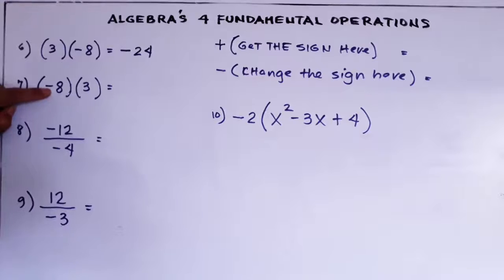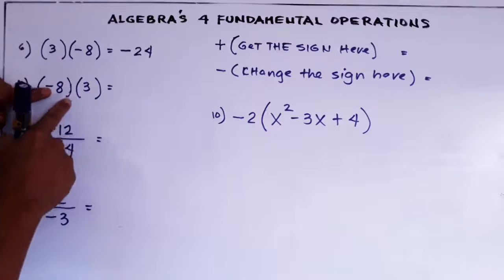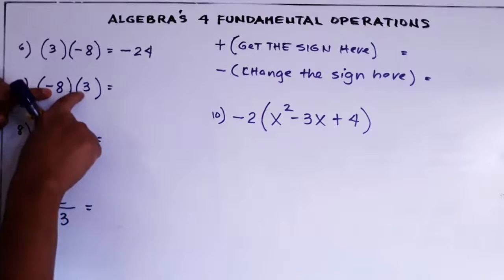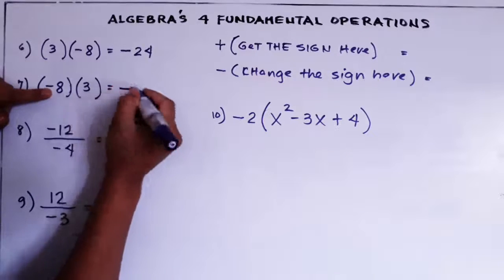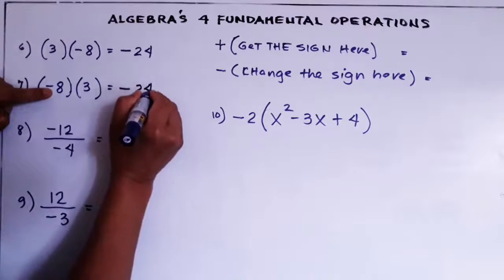Okay, this one is negative. This one is the commander now. So if this one is negative, this one will change the sign because that one is the commander. So what's the sign of 3? It is positive. If it is positive, it will change into negative. And then 8 times 3 is 24.